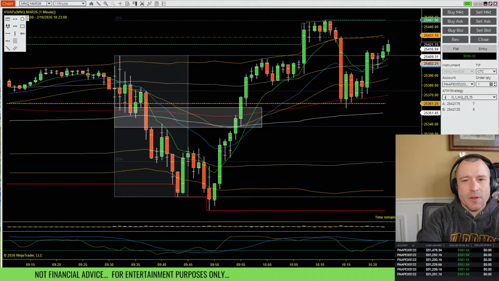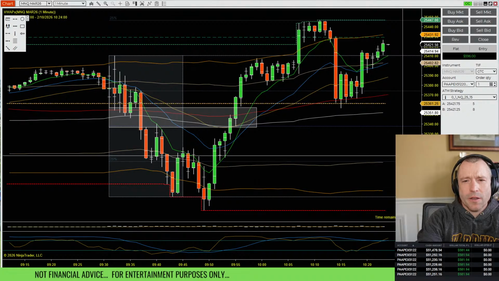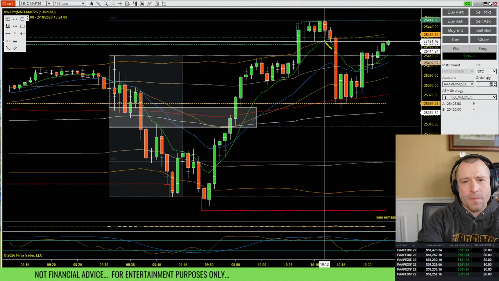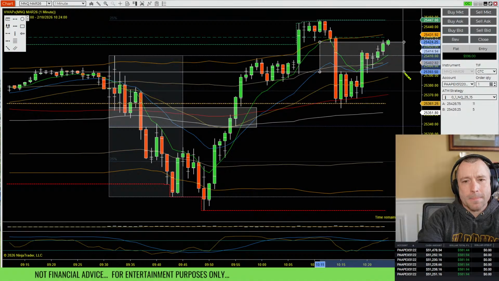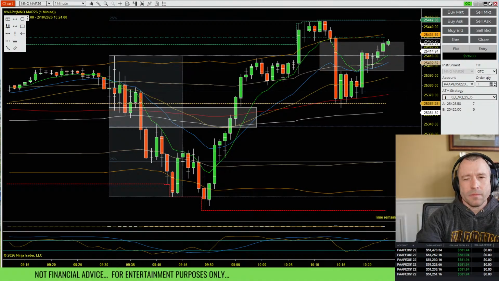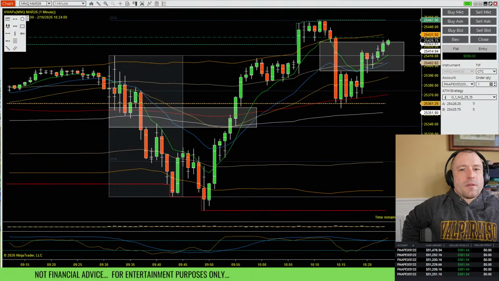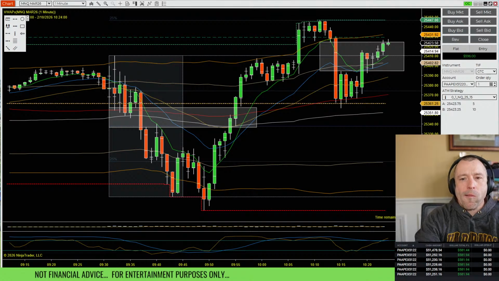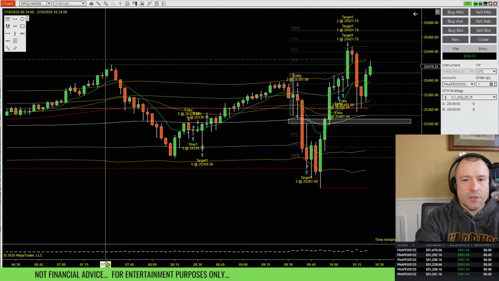And it kind of seems like it wants to go up. It's just really getting worn out here. It's a gap. Can it break above it? 3 minute chart.